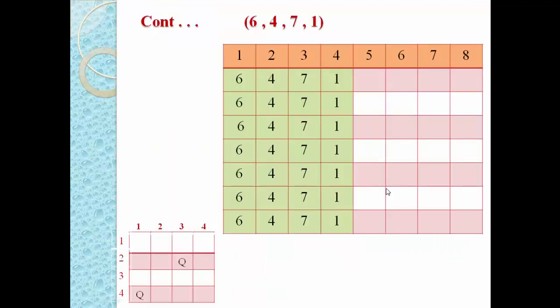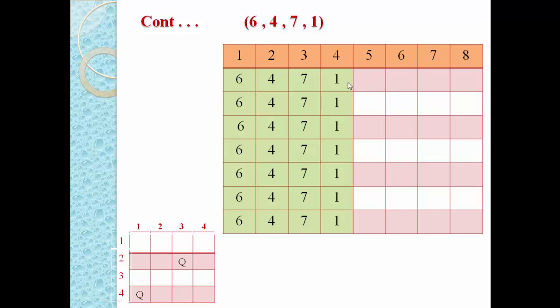The feasible sequence is already given for the 4 queens, that is 6, 4, 7 and 1. So the first queen is on the first row, 6th column, the second queen is on the second row, 4th column, the third queen is on the third row, 7th column and the fourth queen is on the 4th row, 1st column. And we have to identify the positions of the remaining 4 queens.